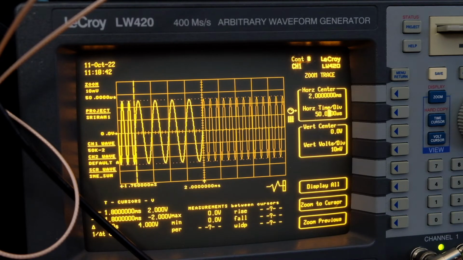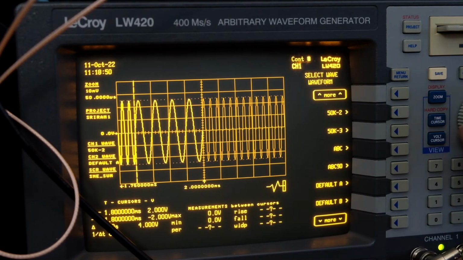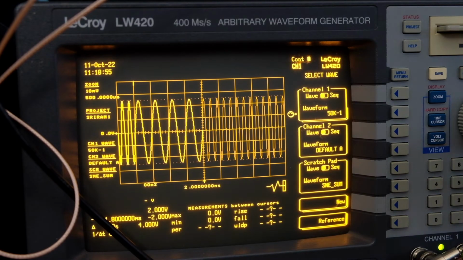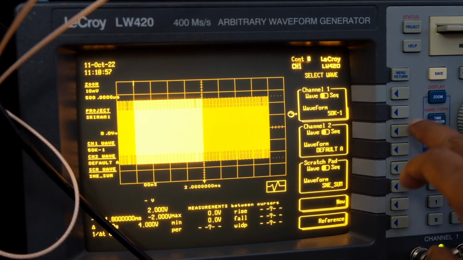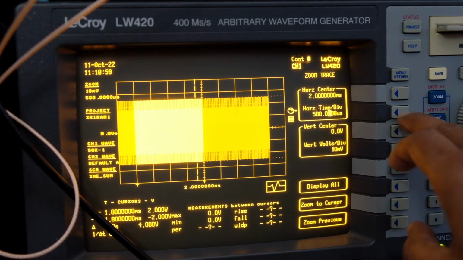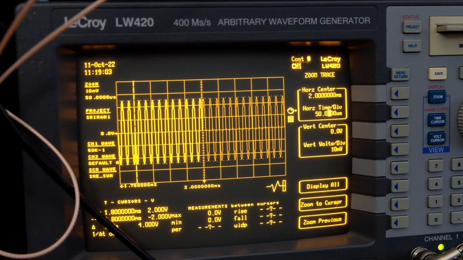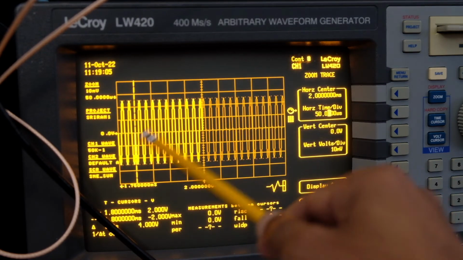And that's the 20 kilohertz injection at the end. And the last one, this is 50 kilohertz, but phase is reversed.